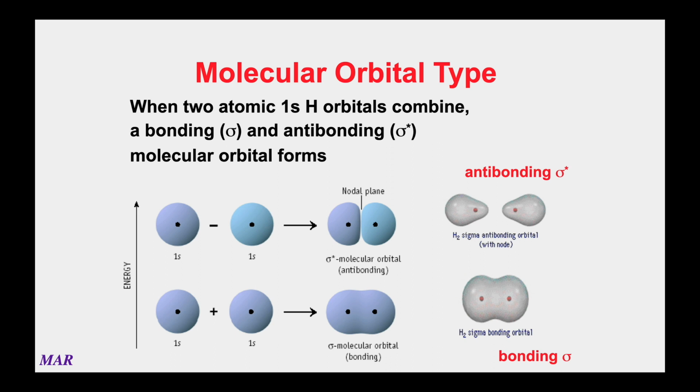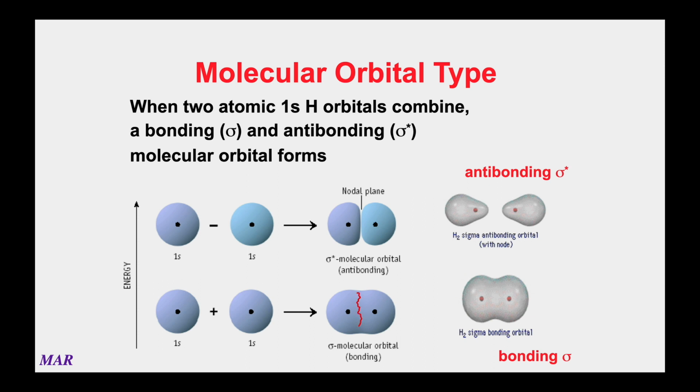When two atomic orbitals make two molecular orbitals, you must always think about, as a scientist, not creating or destroying any energy. First law of thermodynamics still in full force here. So what happens when 1s orbitals come together is that in one of the new molecular orbitals, there's a lot of electron density between the two atoms.